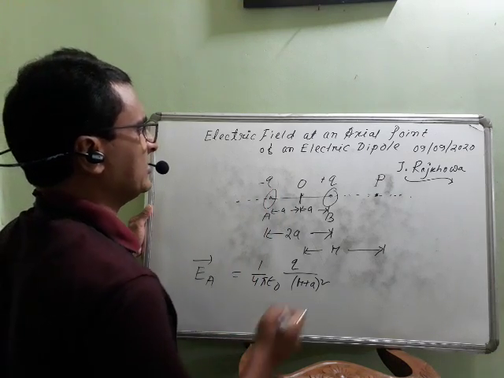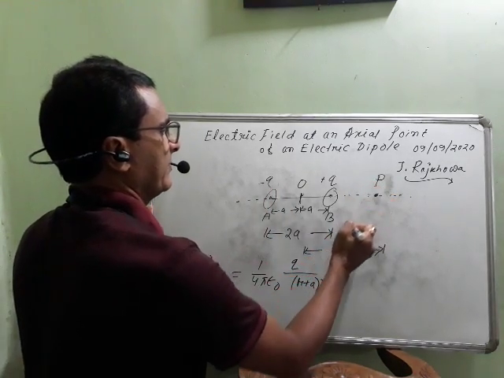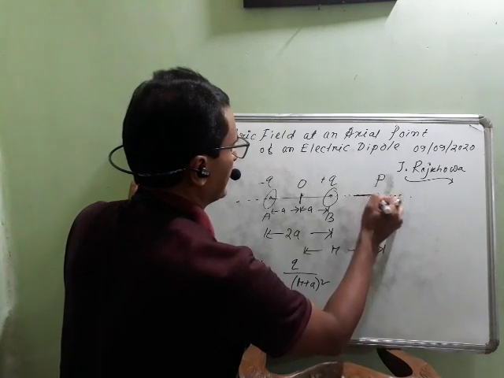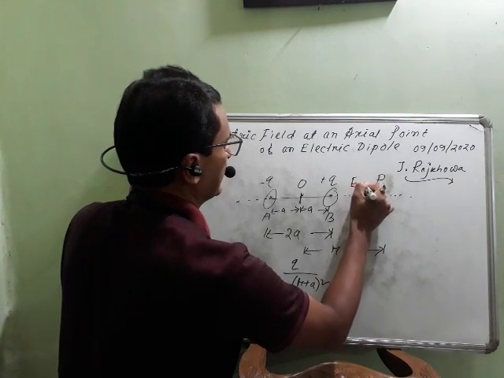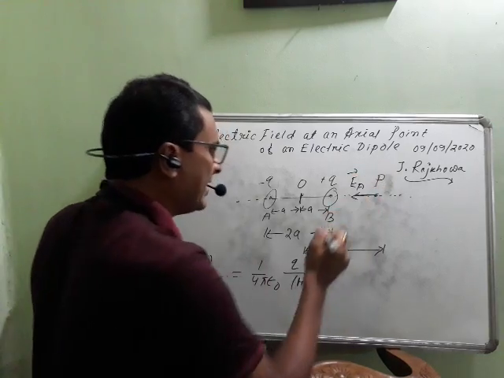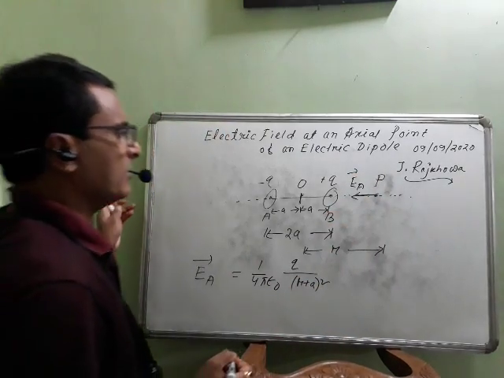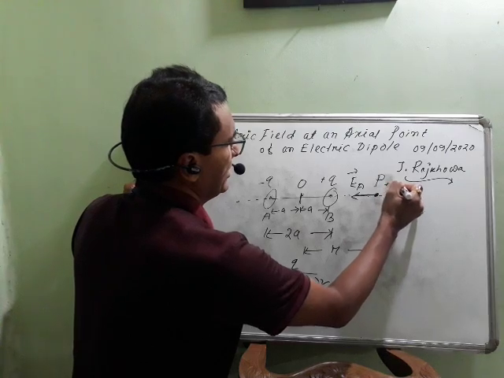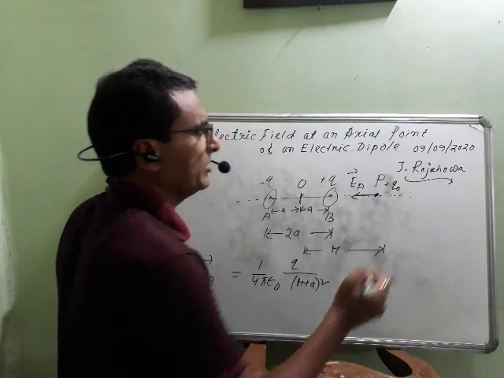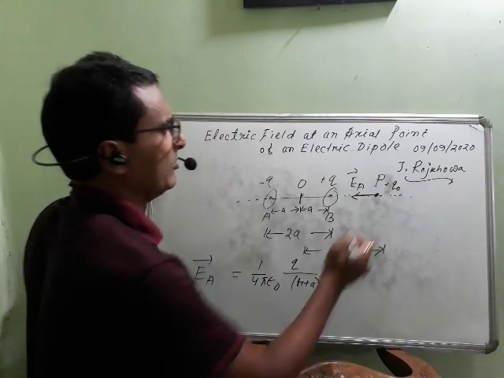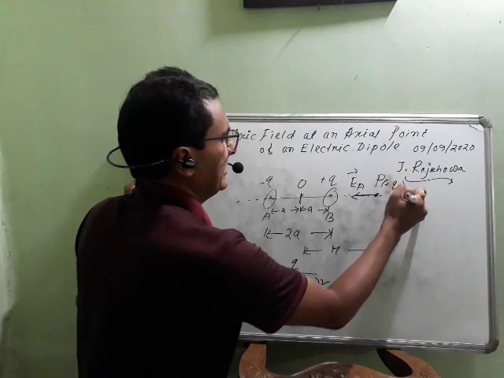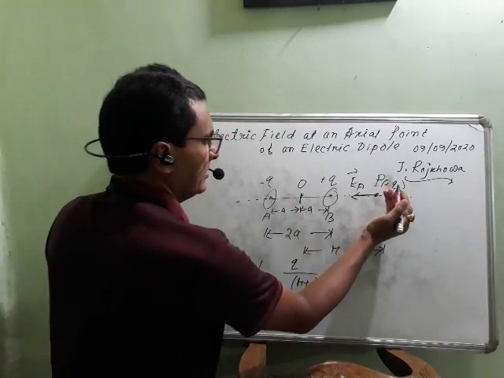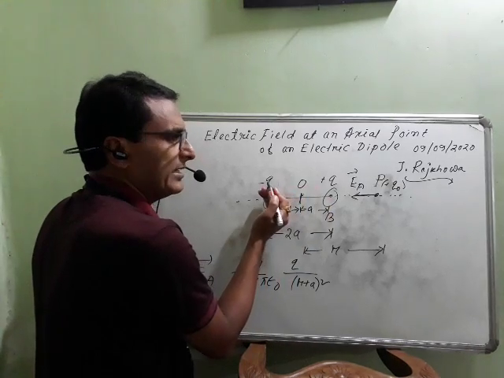Now what is the direction of this electric field at P? This direction is towards A. In this direction is the direction of E_A. Why is this the direction? Because we know in order to find the electric field at P, we have to put a test charge, that is a unit positive charge here. If we put a test charge here, then this test charge will be attracted by this negative charge. So it will move towards the negative charge.